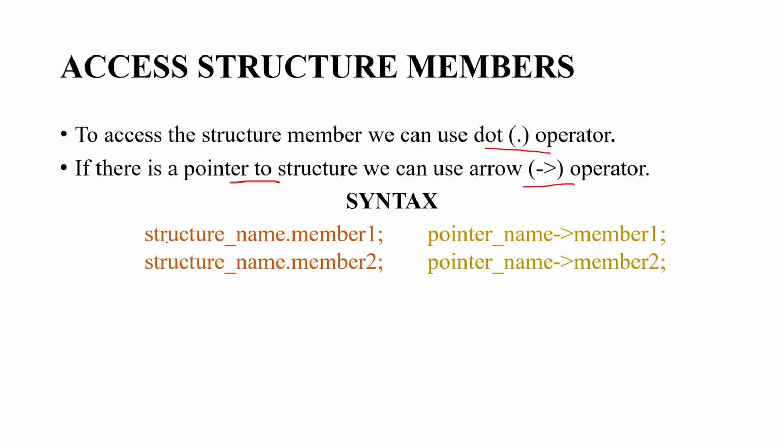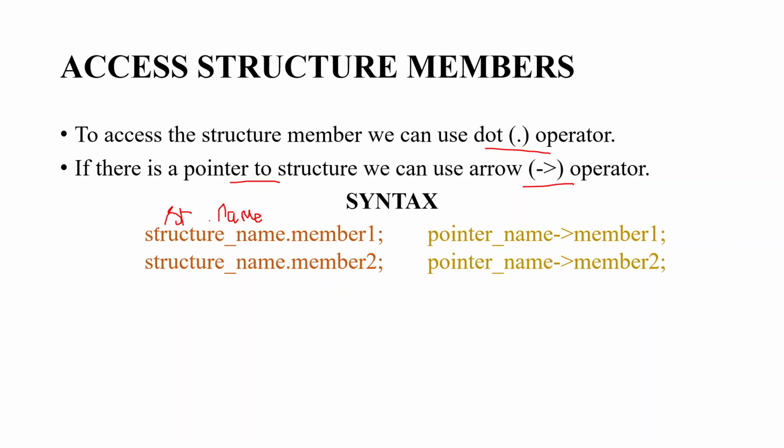So what is the syntax? Structure name. If we see the previous example, what is the structure name? Student. So student, dot, and then the member name. It may be name, or whatever member you have given within the structure definition, that one you can access.